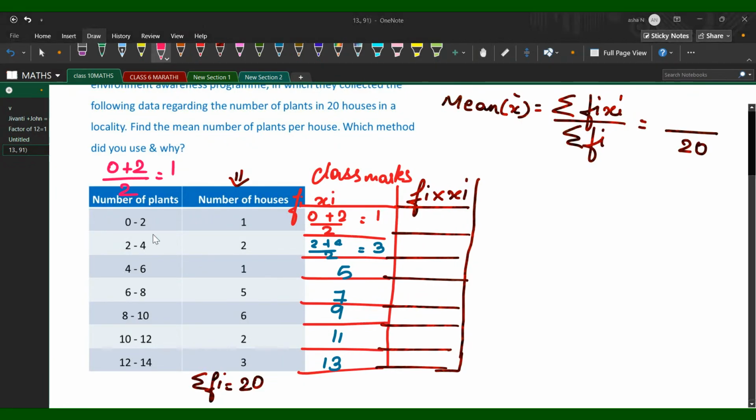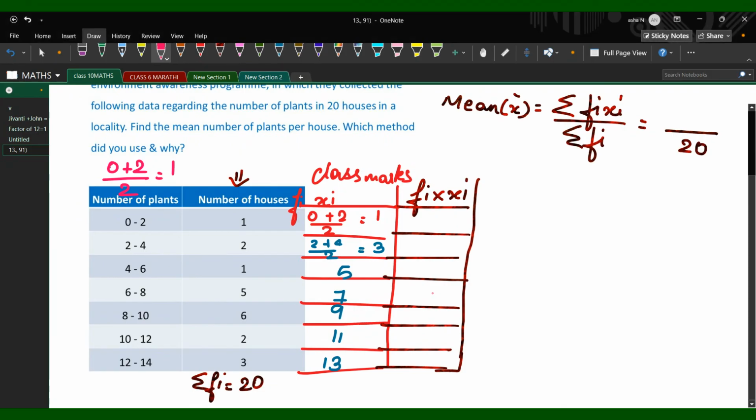Then 2 plus 4 divided by 2, because the difference is 2. See, 0 to 2 it is 2, 2 to 4 also it is 2, 4 to 6 it is 2. So we are finding the class marks here, the average of the individual number of plants.